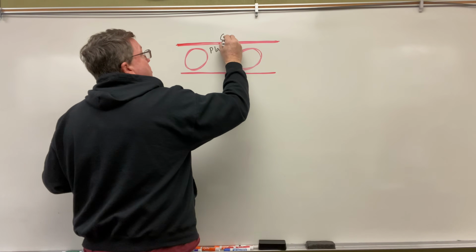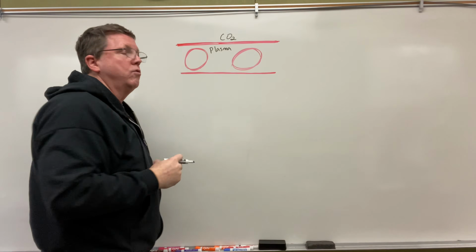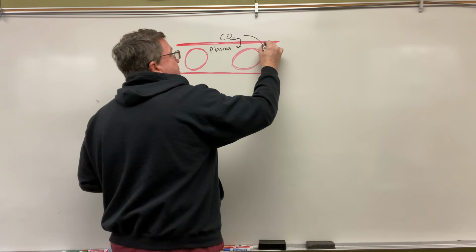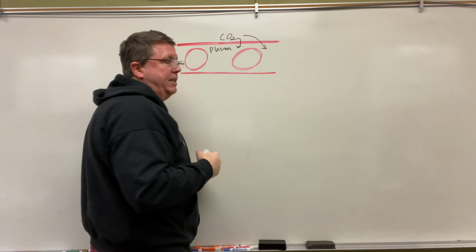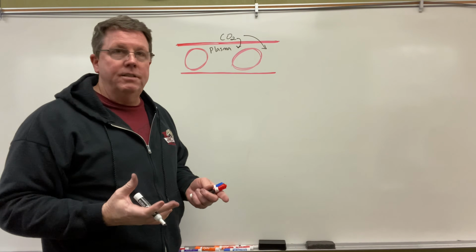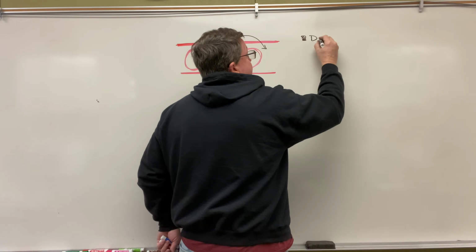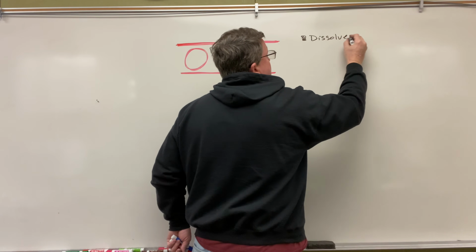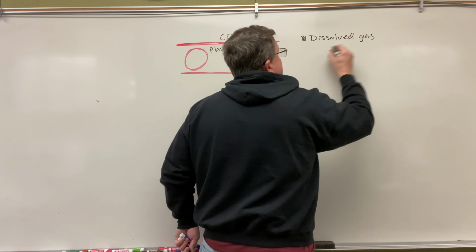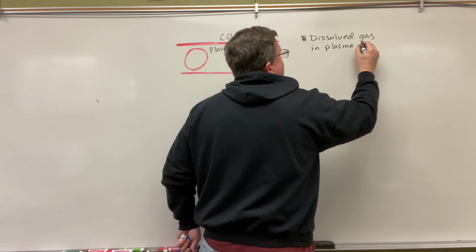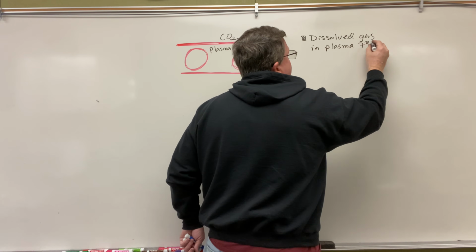So here comes my CO2. What CO2 can actually do is it can just enter into the bloodstream and be part of the plasma. It just goes as a dissolved gas in plasma. So the first way it travels is as a dissolved gas in plasma. Okay, and this is only going to be about 7% of it, okay?